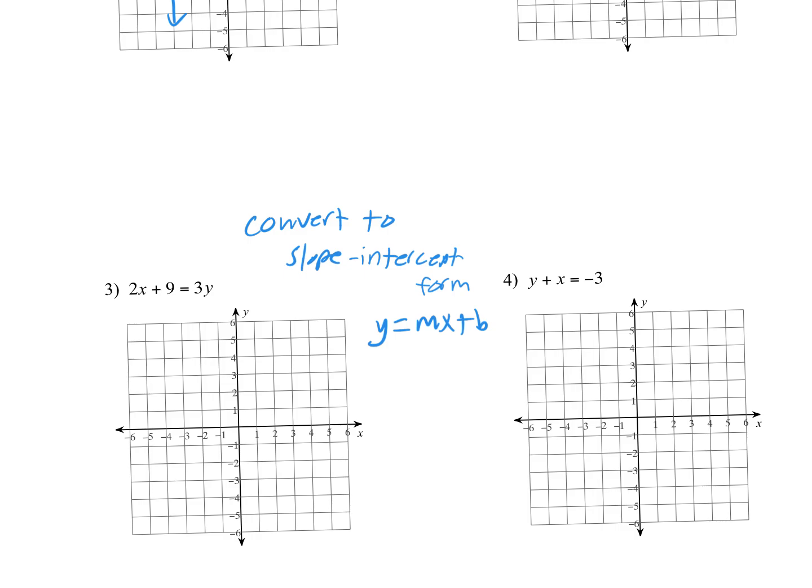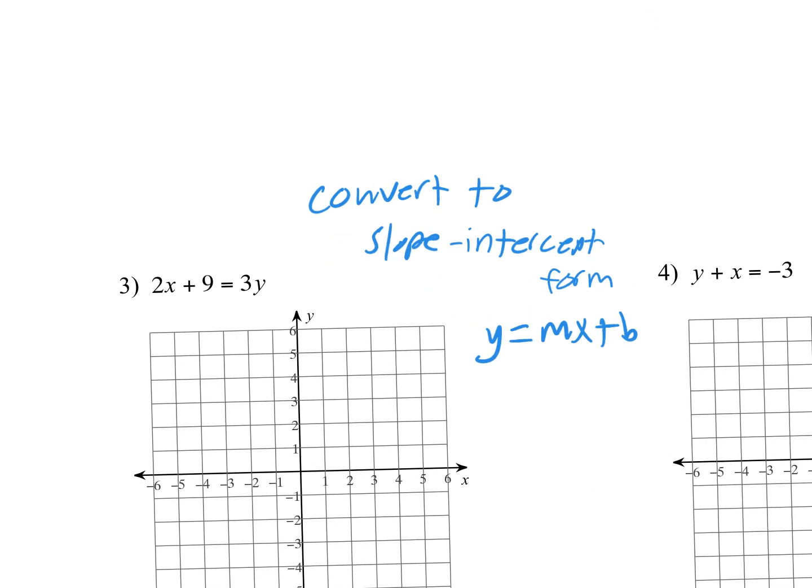All right, so looking at number 3, we have 2x plus 9 equals 3y. So what do we have to do to get the y by itself? Okay, let's divide by the number in front, right? So let's divide by 3 on both sides. So we're going to divide everything by 3. And then we get 2/3 x plus 9 divided by 3 is 3 equals y.